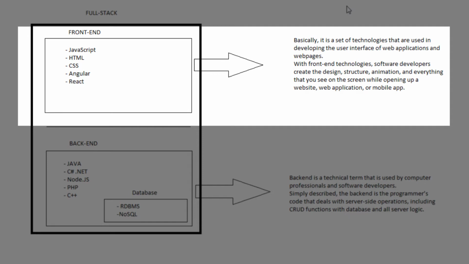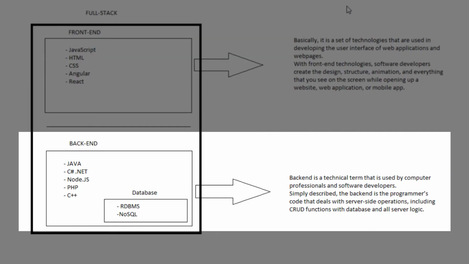For the backend software developer, to explain, backend is a technical term which, to put it simply, is what a software developer codes, and it deals with the server side operations. So everything that is not connected to the front end.